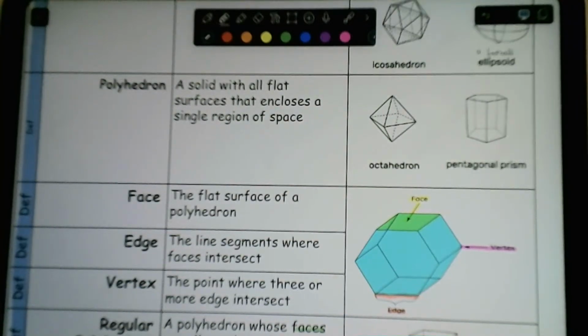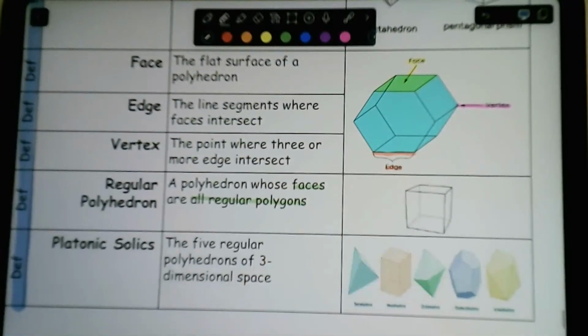So if you think about this room being a polyhedron, a wall would be a face, the ceiling, the floor, those would be faces. An edge would be the line segment where those faces intersect. So it would be like the seam between the two walls, the seam between the wall and the ceiling. A vertex is the point where three or more edges meet. So like the pointy corner where two walls and the ceiling run into each other, that would be a vertex of this room.